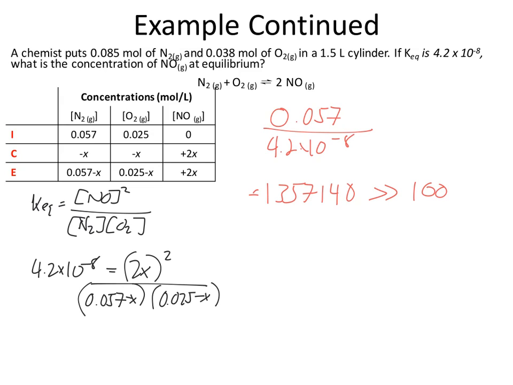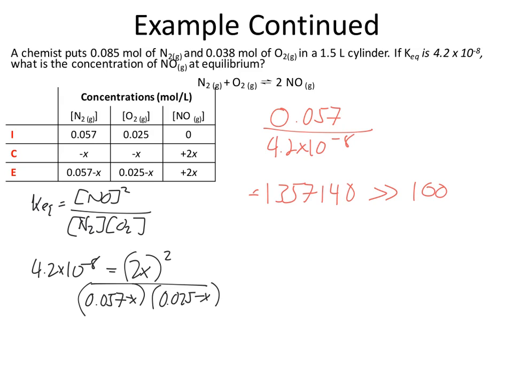What this means again is that the change that we're going to experience here is going to be very, very, very small. Once again, because this K equilibrium expression, the value here is times 10 to the negative 8. The smaller this K equilibrium, it means that the more the reactants are favored at equilibrium.